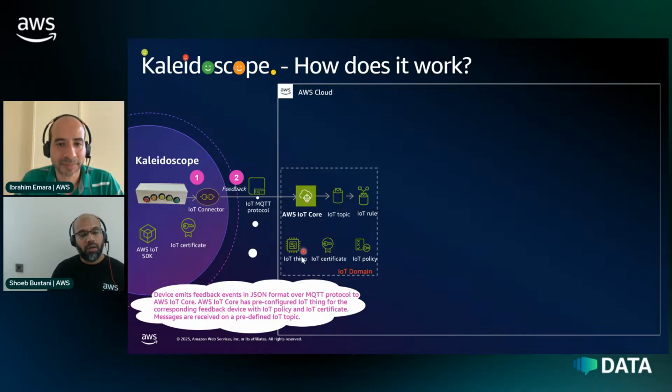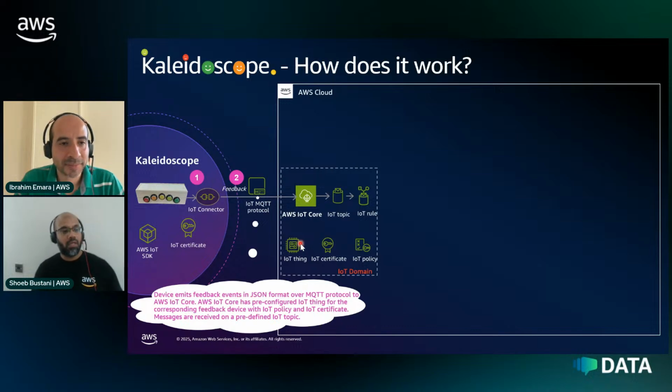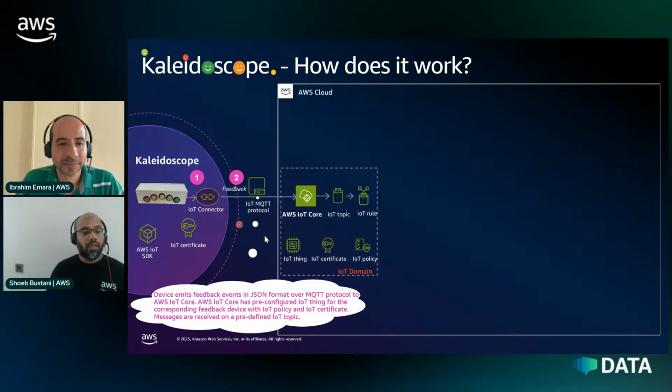As I was saying earlier, we do have IoT things defined. In order to interact with IoT Core, you have to define IoT things. Each of these devices has its own identity and appears as an IoT thing. They have their dedicated IoT certificate and associated policies. By doing that, a device can only connect and publish messages to the relevant topics that they have been permitted to. This is the way you control it through policies.